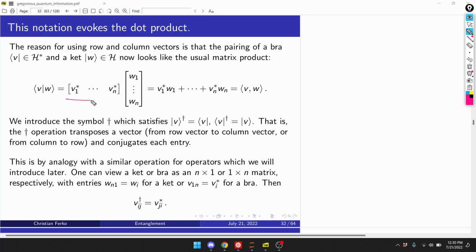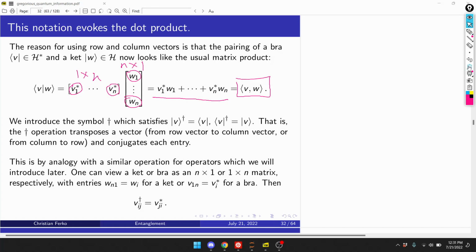So if I write a bra and then a ket, remember the way that we multiply: this is a 1 by n matrix and this is an n by 1 matrix, and the way that we multiply those is to take this times this plus and so on, plus this times this, which is exactly the inner product, which in math notation is that. So it's very convenient. It reminds you of how the inner product works if you write these as rows and columns.